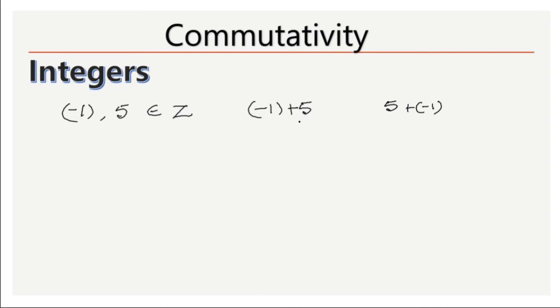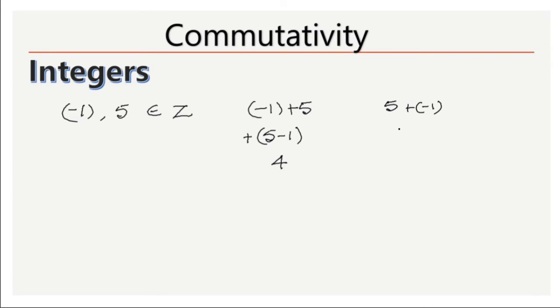Since they are unlike, they have different signs, we need to do subtraction by taking the sign of the larger number. So the absolute values are subtracted and the sign of the larger number is considered, we get +4.